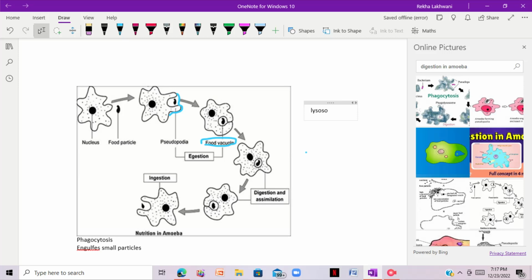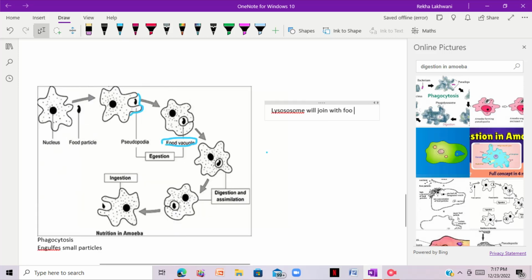Now the undigested food particle will be removed. Egestion will take place.